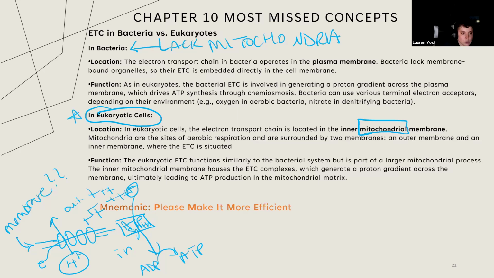In eukaryotes, which is like us, multicellular organisms, as well as our protozoa and our fungi, like our yeast, this is going to happen in the inner mitochondrial membrane. So your mitochondria looks like this, remember? And then it has all these wiggly wobbly guys.